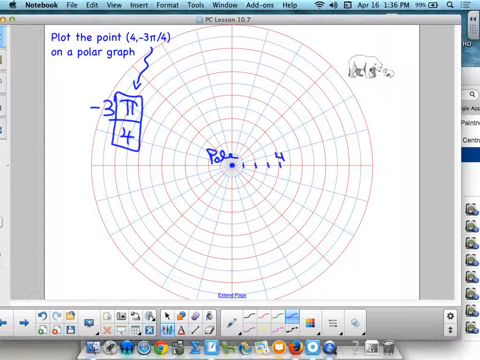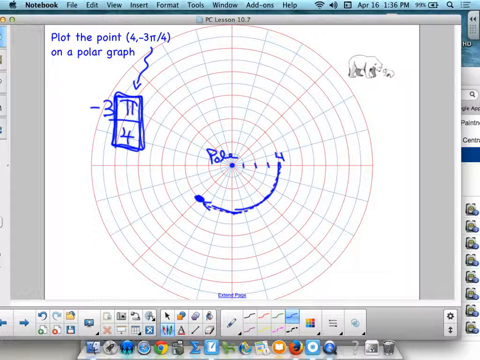So how many 45s do I have to go? 3 of them. There's 1 45, 2 45s, 3 45s, I'm right here. Would you agree with that? Or you could say, isn't that just 135 degrees? If you want to convert to the number, go ahead. But if I know I have to go 45 three times, it's just 45, 45, 45, there I am. That's it, right there.